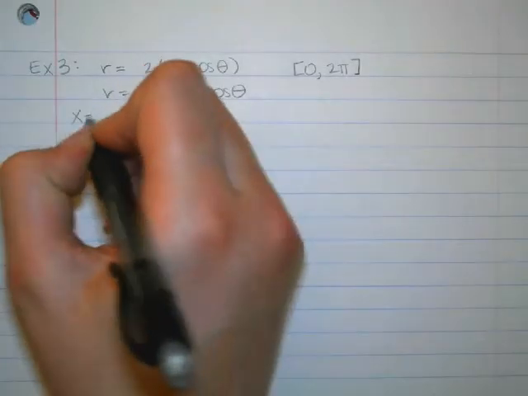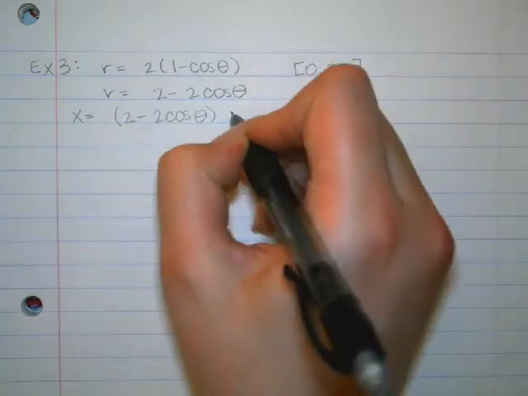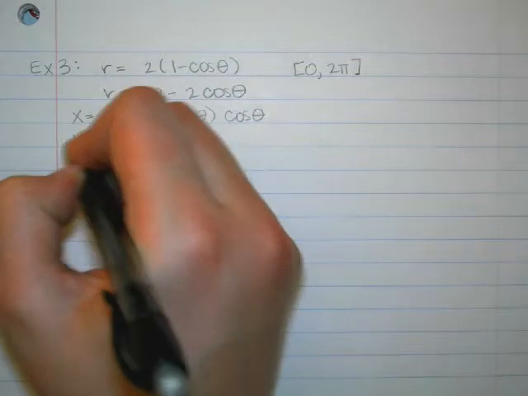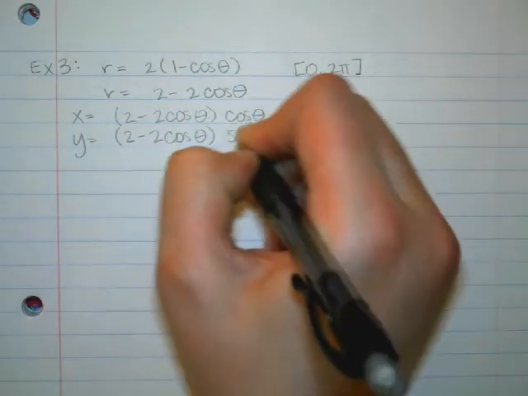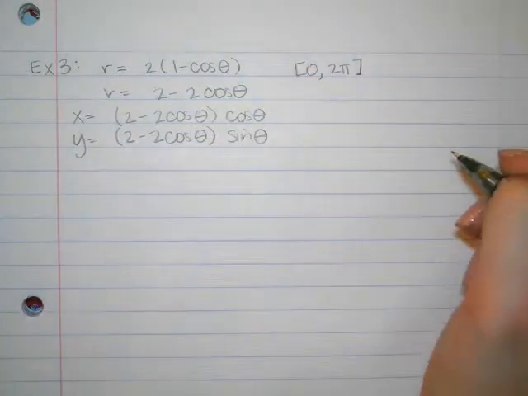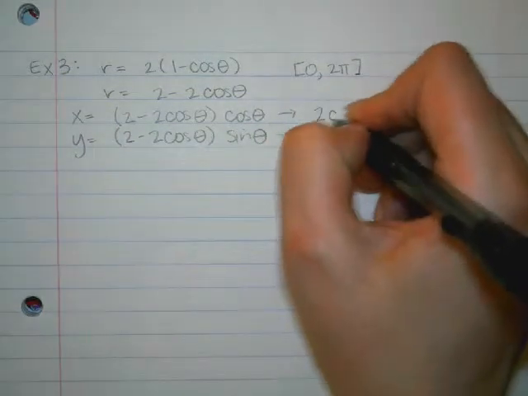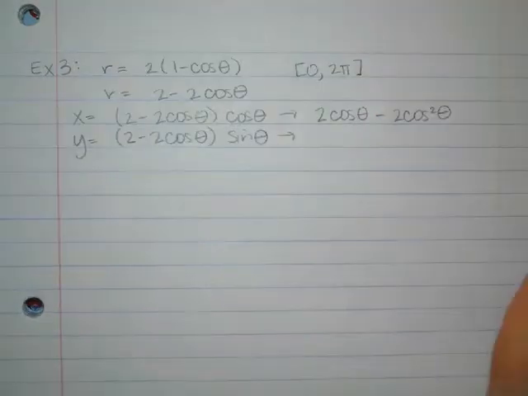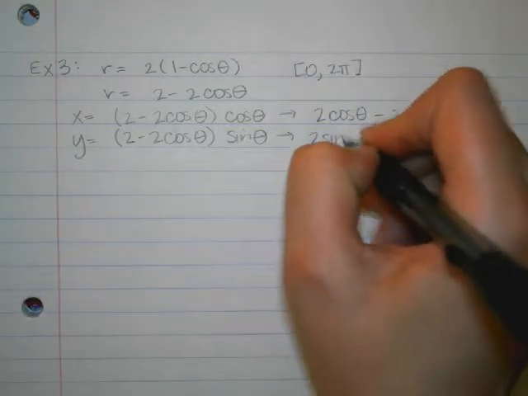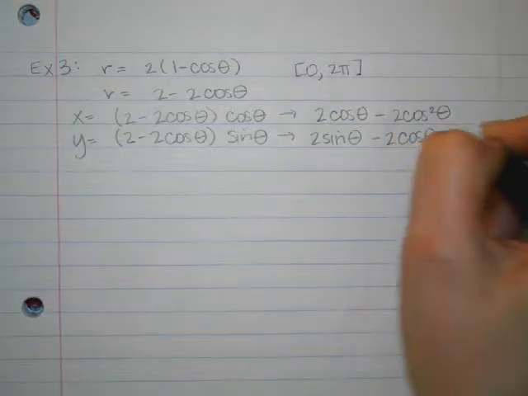So x is going to be r times cos theta, and y is r times sine theta, and so the top is 2 cos theta minus 2 cos squared theta. This one is 2 sine theta minus 2 cos theta sine theta.